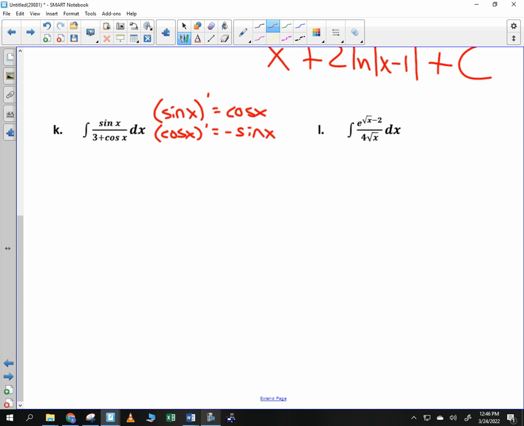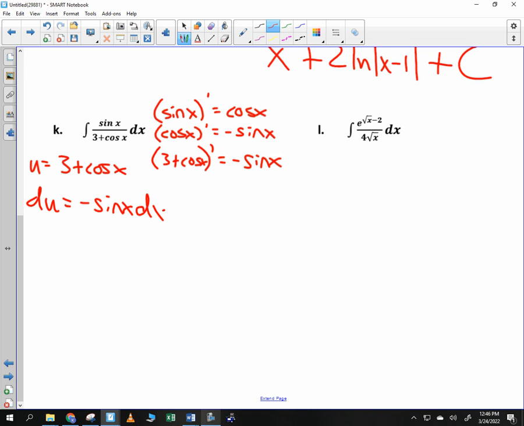So it kind of works out either way, doesn't it? But what's important here is if you take the derivative of sine, do you come up with 3 plus cosine? No. If you take the derivative of 3 plus cosine, what do you come up with? Negative sine. So that's why we want u to be, in this situation, 3 plus cosine of x. Because du, when you take the derivative, you come up with negative sine of x dx.